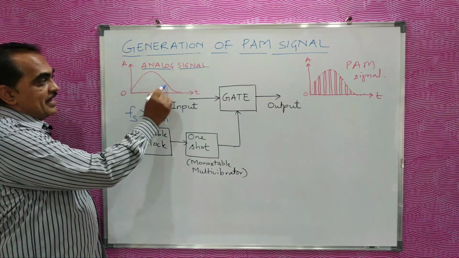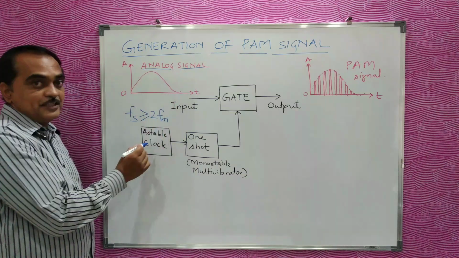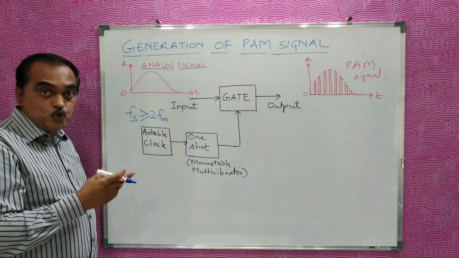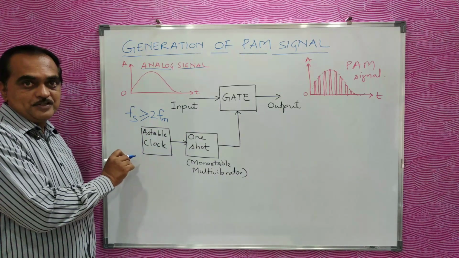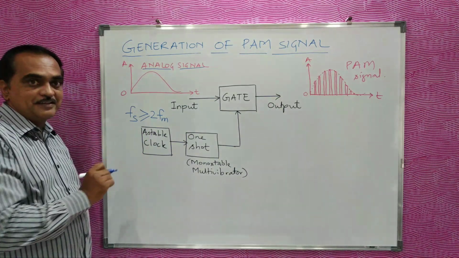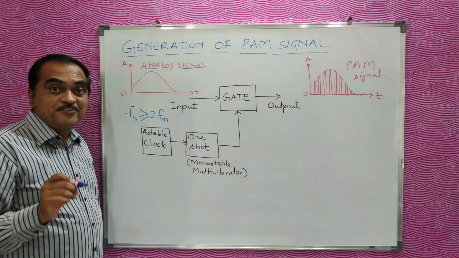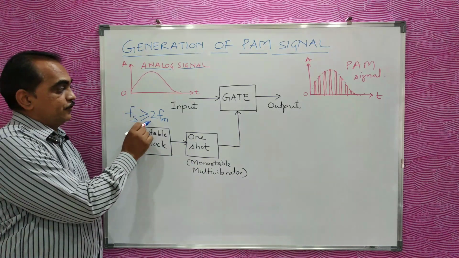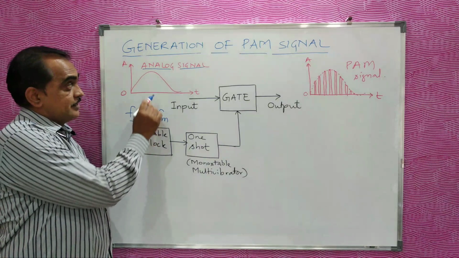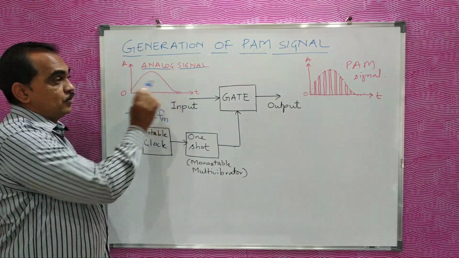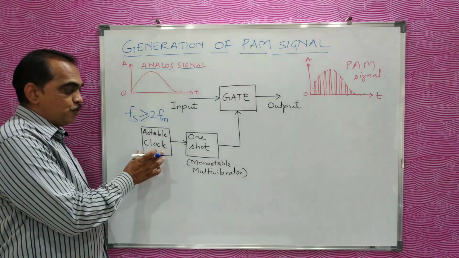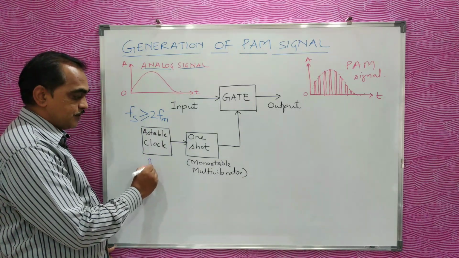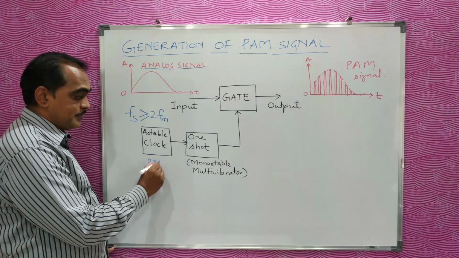Whatever is the highest frequency of this analog signal, twice of that or more should be your sampling frequency. So sampling frequency fs, that is the number of pulses per second, should be greater than or equal to twice fm.